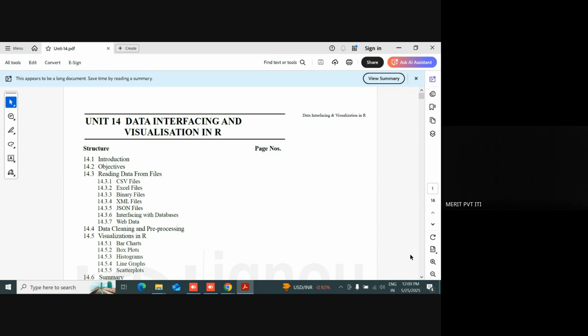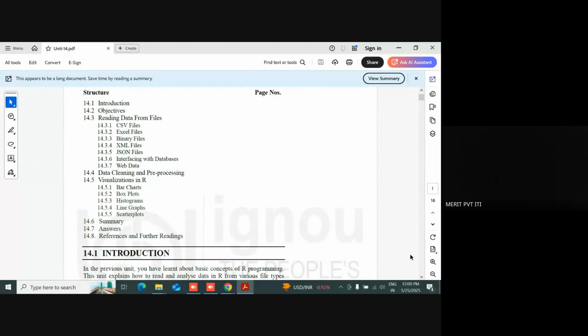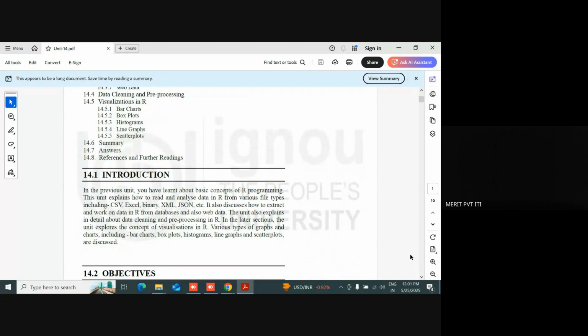Then cleaning and pre-processing, and visualization in R: bar chart, box plot, histogram, line graphs, scatter graphs, etc., and then a summary. This is what we are talking about.